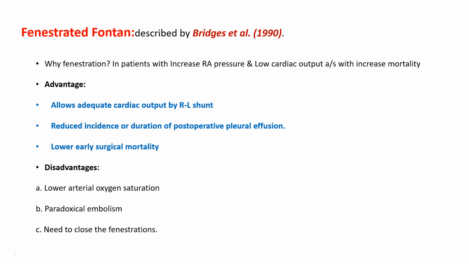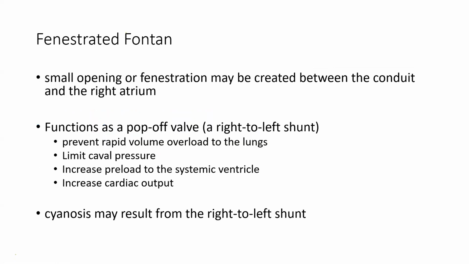It allows adequate cardiac output by right to left shunt. It reduces the incidence or duration of post-op pleural effusion and lowers the early surgical mortality. But the disadvantage is there is arterial desaturation. There can be a paradoxical embolism, and in future we might need to close this fenestration. So again, re-intervention is required.